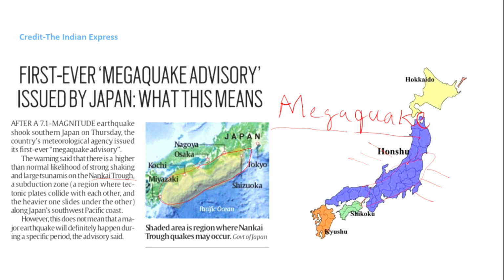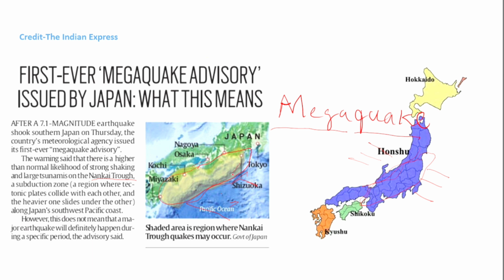Because of that collision, the denser plate, here the Philippine plate, is subducted. If you study this, you know that the oceanic plate is denser. The Philippine plate is oceanic, and the Eurasian plate is the continental plate. So the Philippine plate will subduct below the Eurasian plate.